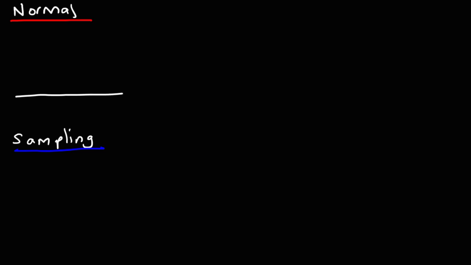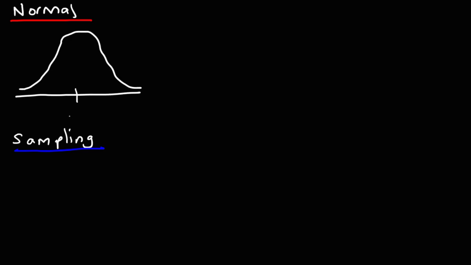Now let's go over some formulas that you need to know when dealing with the normal distribution and the sampling distribution. I'm going to put these two together so you could compare and see the difference. So here's a typical shape of the normal distribution.